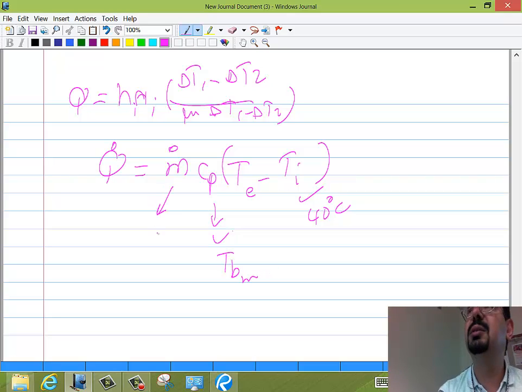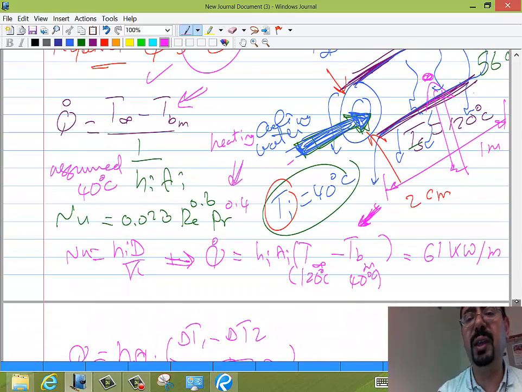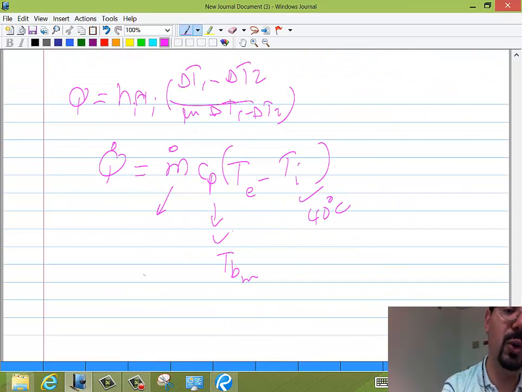And m dot, how can I get my m dot? Rho AV. He gave us the velocity. I deleted that, but the velocity was given to us. It was 3 meters per second. We were given the velocity, we know the area, and we can get the density at that bulk mean temperature. So it's rho AV.